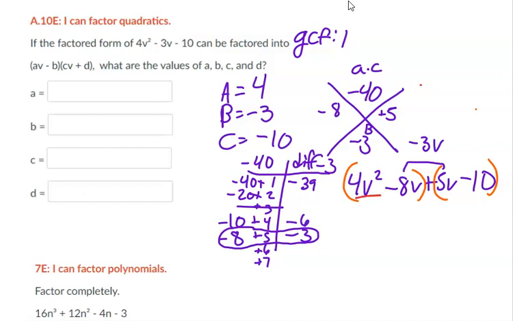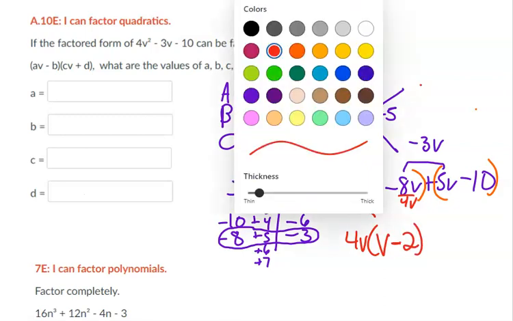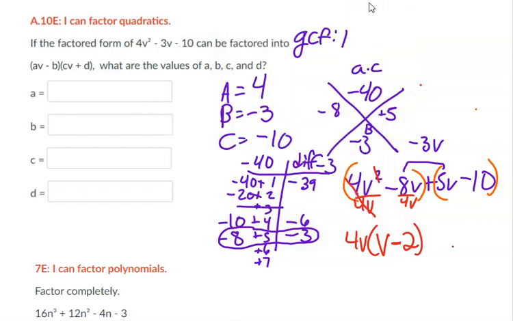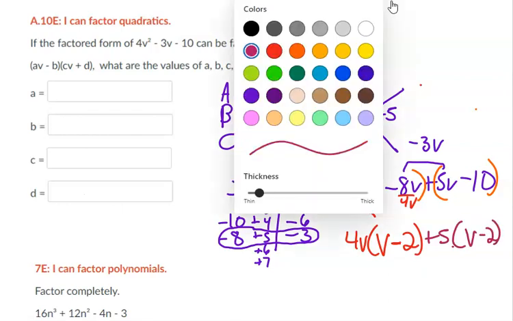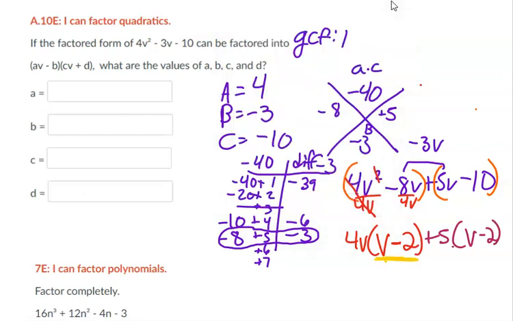These two you could take out a 4v. So everything cancels here except for one of the v's is left over. And then we have a minus 2. Okay, out of these two you could take out a 5. And then we have v minus 2 left. Now notice that we have v minus 2 for both of these.